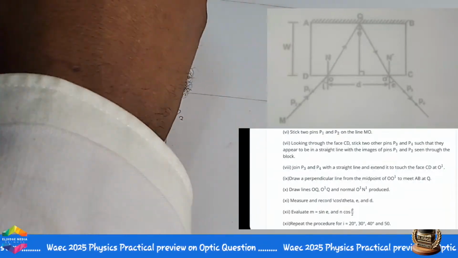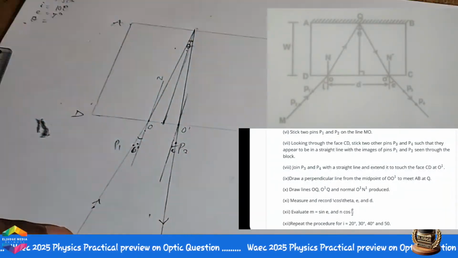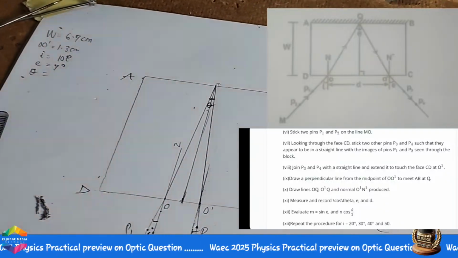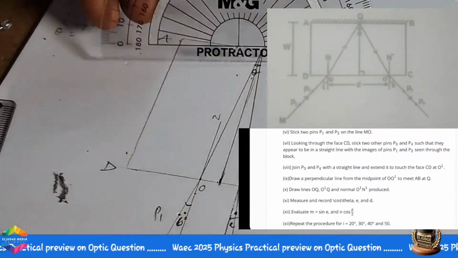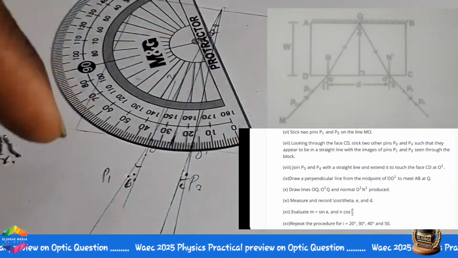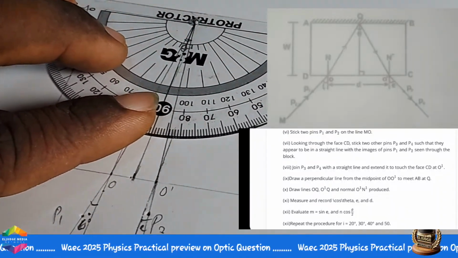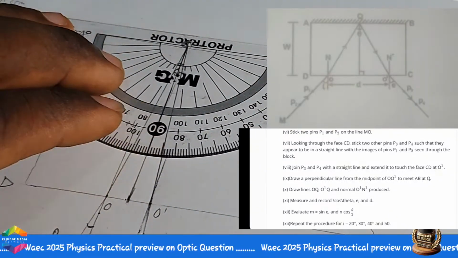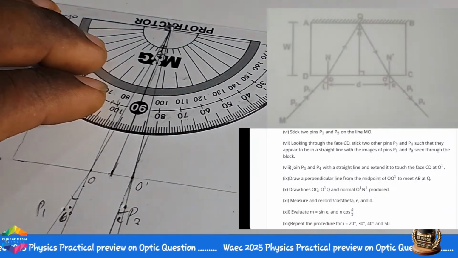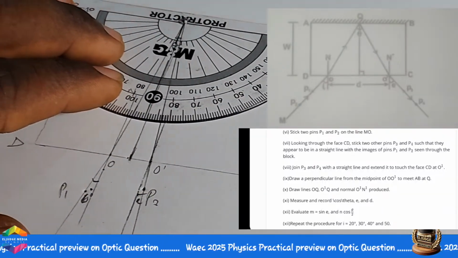Theta will be, you're not capturing what I'm writing. So theta, how do we measure theta now? I can measure theta this way. Just put it at the middle point and read from the first line to the second line.